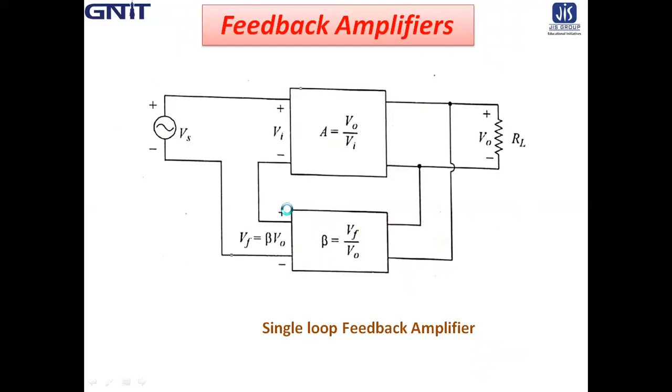A single loop feedback connection around a basic amplifier is generally represented like that. Here, Vi is the difference signal produced due to the combination of the input signal Vs and the feedback signal Vf.